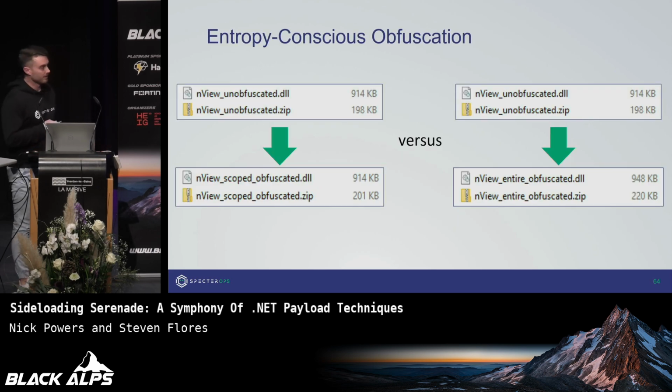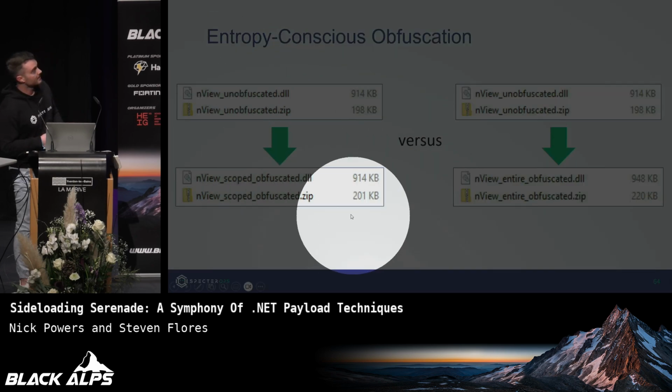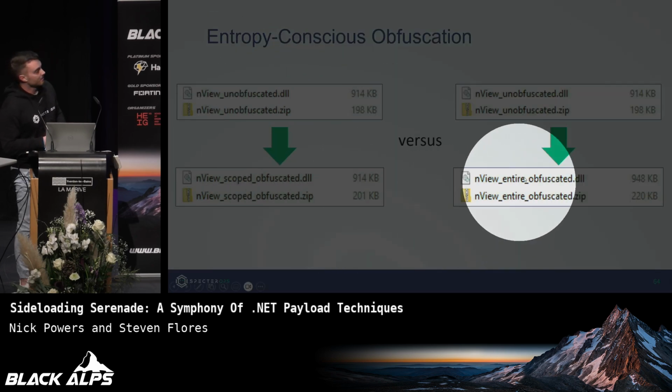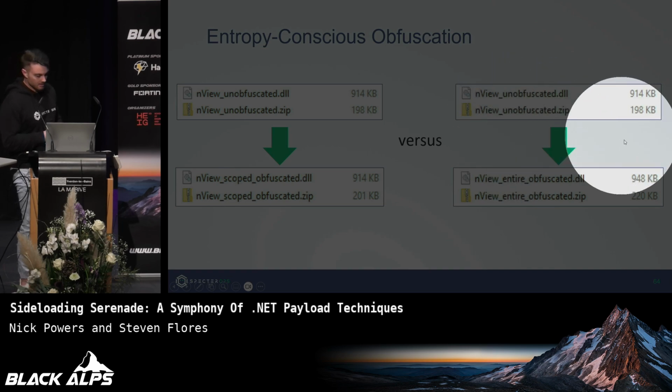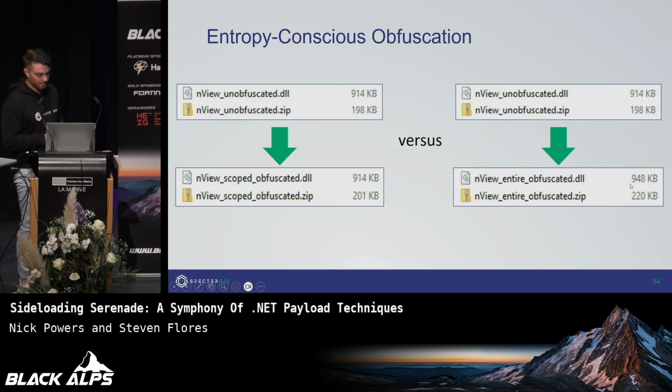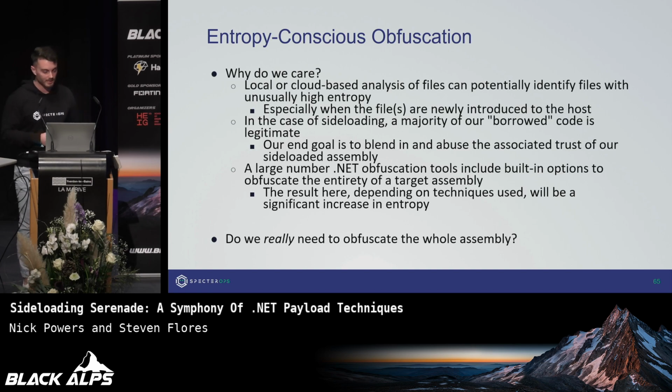If we pick a specific algorithm using 7-zip or something else, as long as it's lossless, and we compress different assemblies, we can compare roughly the ratio of entropy. We see we've only obfuscated a piece of this assembly, and we see what it compresses down to, and we've obfuscated the entire assembly over here, and it compresses down to a slightly larger file size, so entropy is a little bit higher.